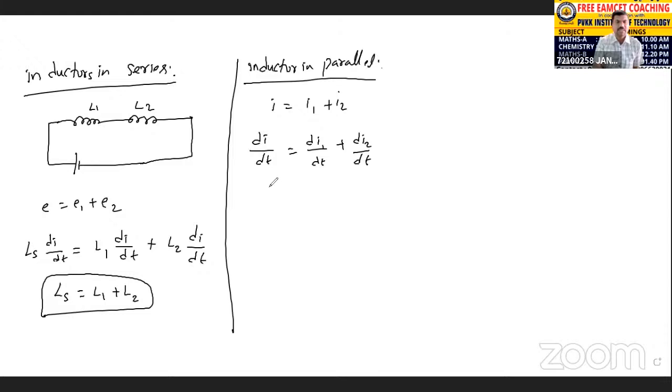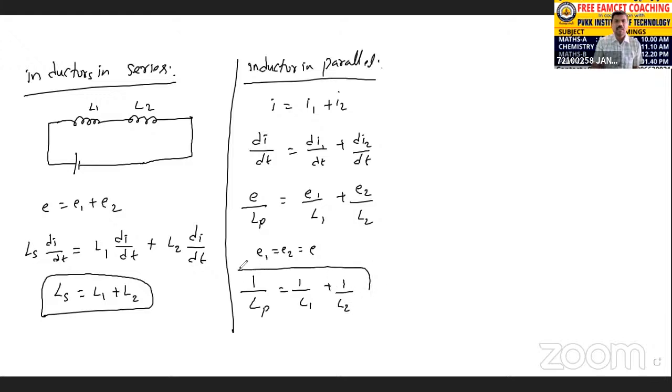So di by dt, that is E by LP, is equal to E1 by L1 plus E2 by L2. Here E1 is equal to E2 is equal to E. Then cancellation happens. 1 by LP is equal to 1 by L1 plus 1 by L2.